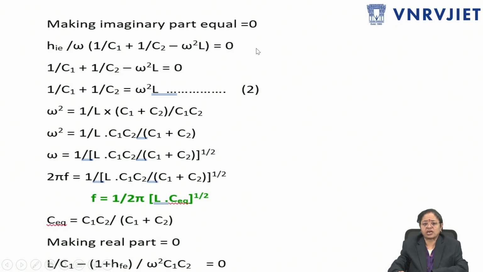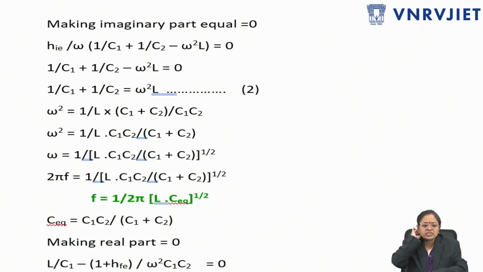Coming to the simplification of this, we try to obtain omega on the LHS. We know that omega is equal to 2 pi f. So substituting omega, that is 2 pi f, gives me the frequency f on the LHS. So f is equal to 1 by 2 pi under root L into C equivalent. So this is the frequency of oscillations for the Colpitts oscillator.